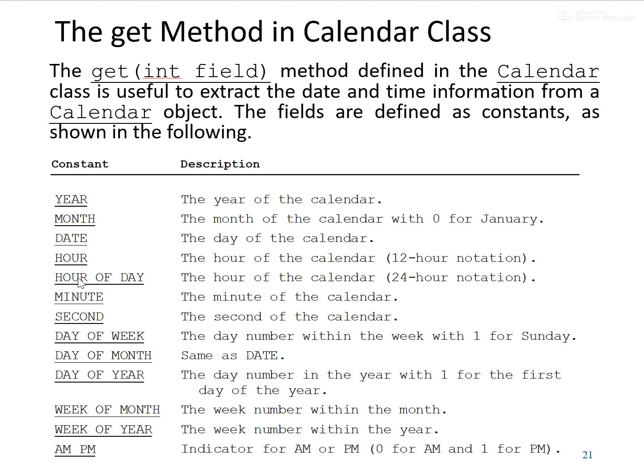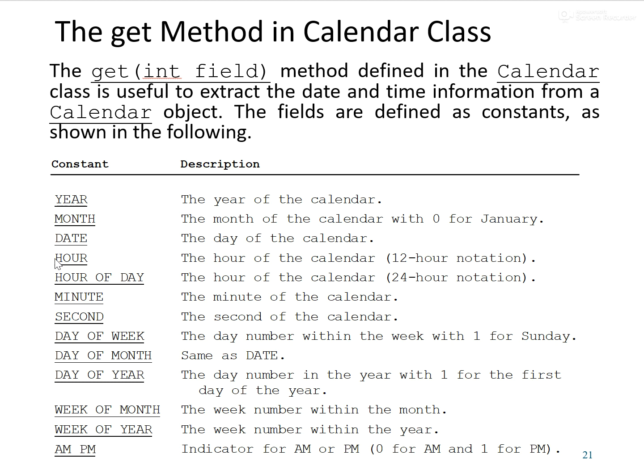So the difference between hour and hour of day is that hour is when hours are counted from 1 to 12, and we start again in the afternoon. We start again at 1. That'll be the hour, 12-hour notation. Hour of day is where we have 24 hours in the day, and this is the notation where in the afternoon we go from 12 to 13, 14, 15 o'clock. 13, 14, 1500 hours.